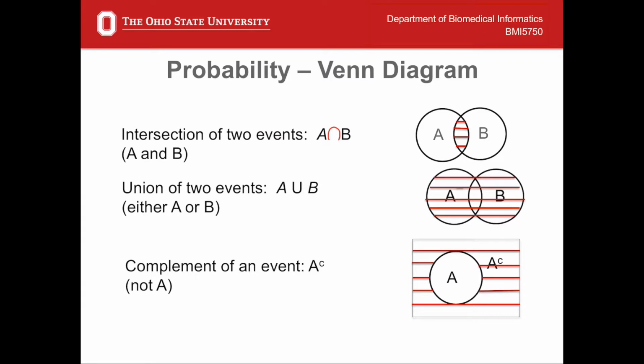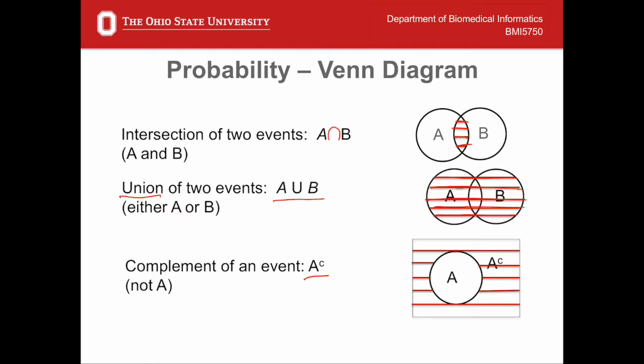A Venn diagram is a very good way to depict probability. We usually use this figure to show the intersection between 2 events. Say you have 2 events, A and B, and the intersection between A and B is shaded. On this figure, we can also shade A and B together to show the union of the 2 events.